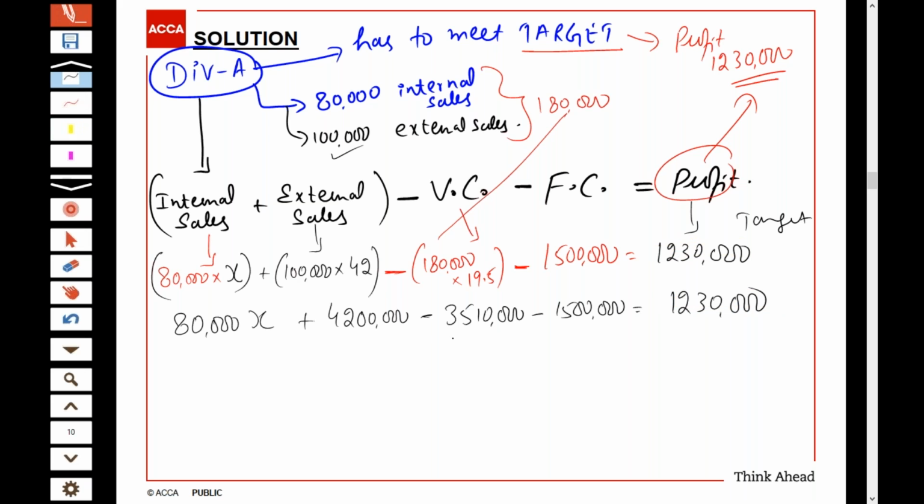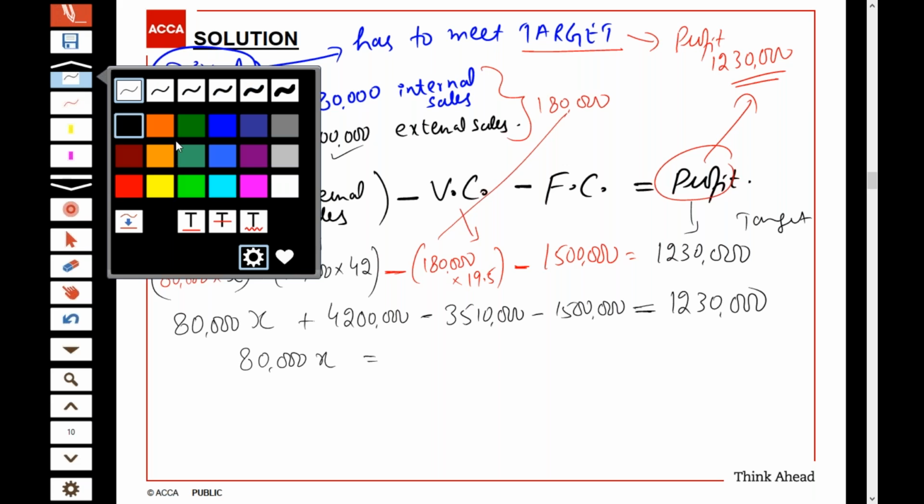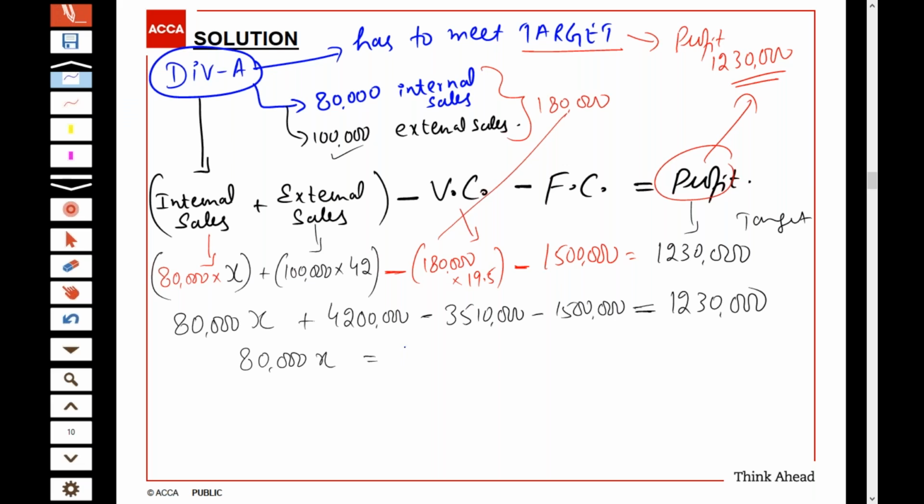Okay. Now you can substitute these values. It will be 80,000 X, and all the values will be shifted to the opposite side of the equal sign. Now what will be the figures? 1,230,000 plus 1,500,000. You will have to move the figures to the opposite side, and the sign will be changed.